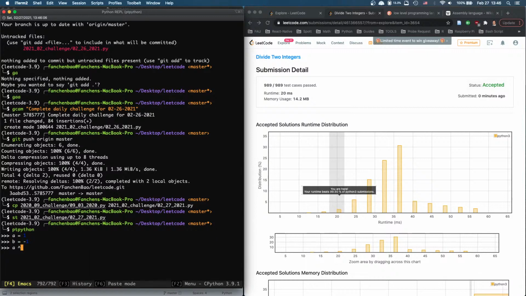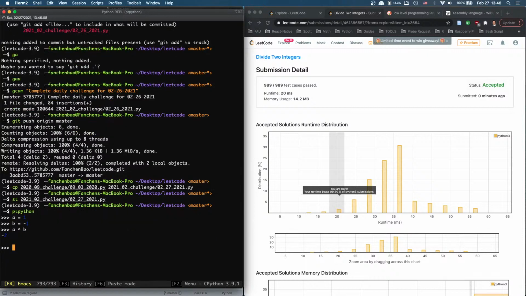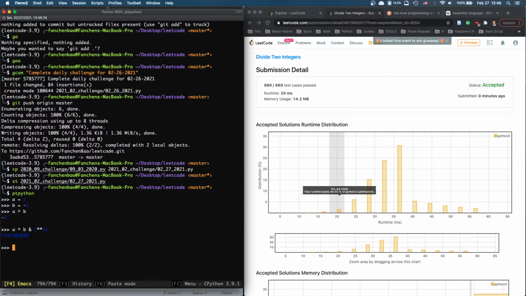A exclusive OR B is -2. Yeah, A exclusive OR B, if I AND 2 to the 31st.